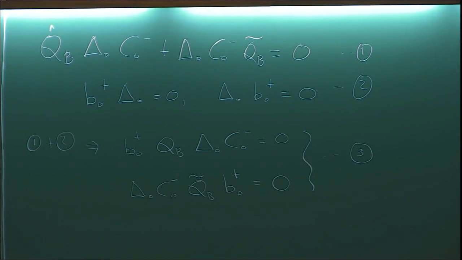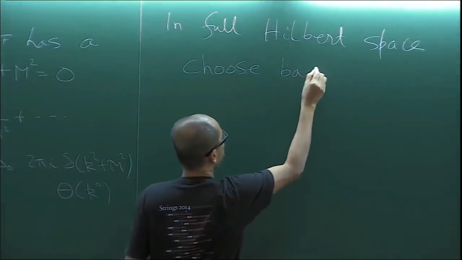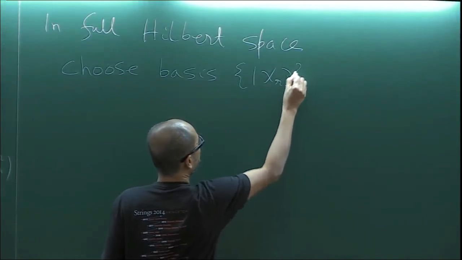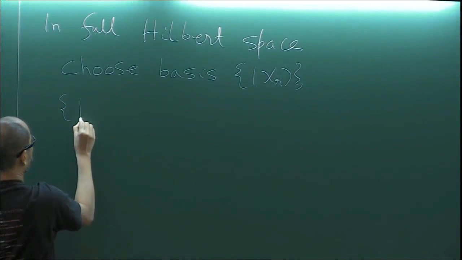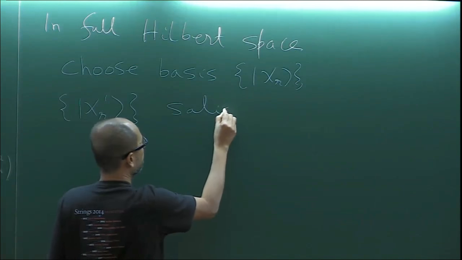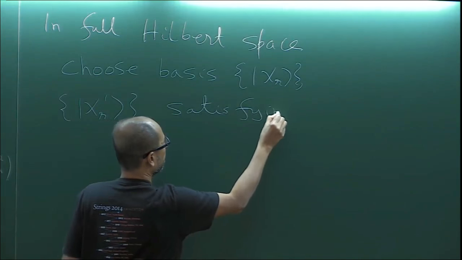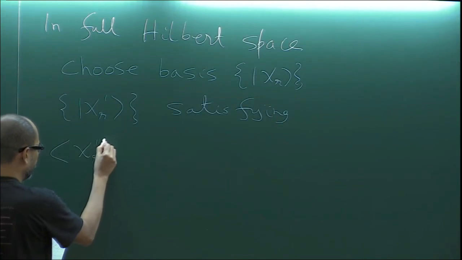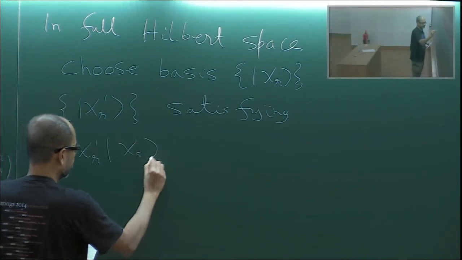In the full Hilbert space we choose a basis chi r, and independently chi r prime, satisfying chi r prime chi s equal to delta r s.